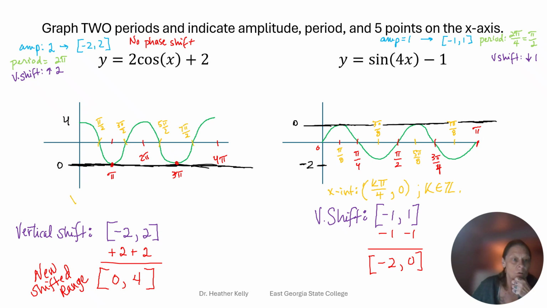And if we want to describe those x-intercepts, which I do love, this looks like odd multiples of pi over 2. So this is (2k minus 1) pi over 2, comma 0, where k is an element of the integers.